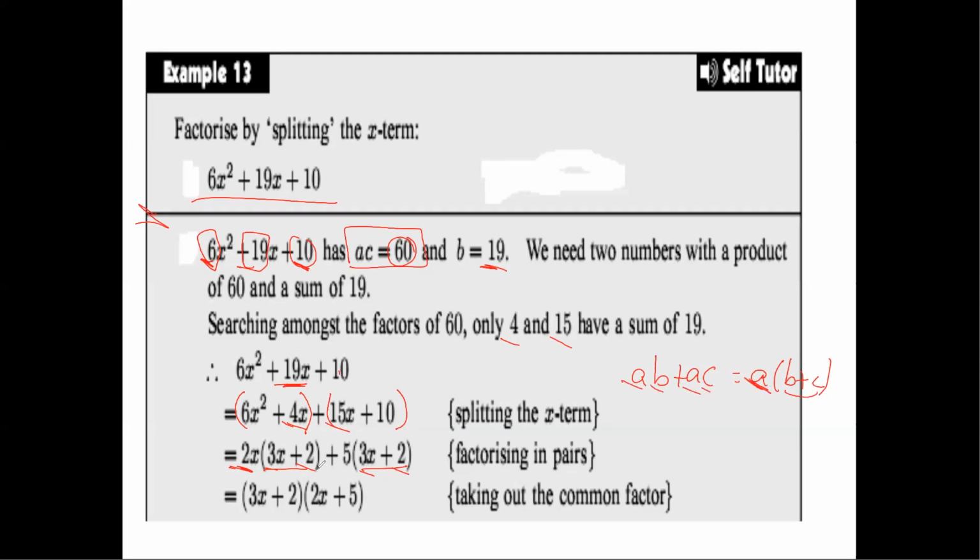Well, look here, isn't it similar? Watch here. 3x plus 2 is common, just like the A. So we're taking the 3x plus 2 outside and we're putting the 2x and the 5 in another bracket, just like we're putting the B and the C in another bracket. Right?